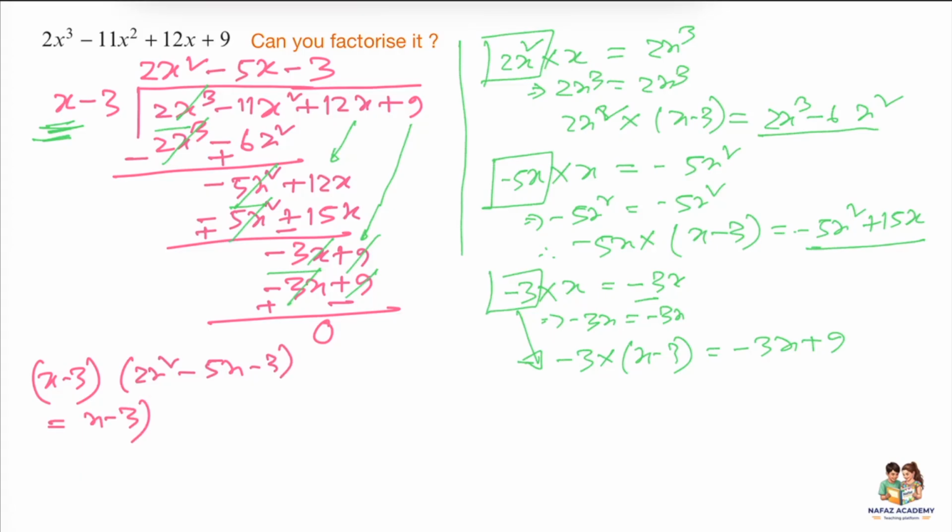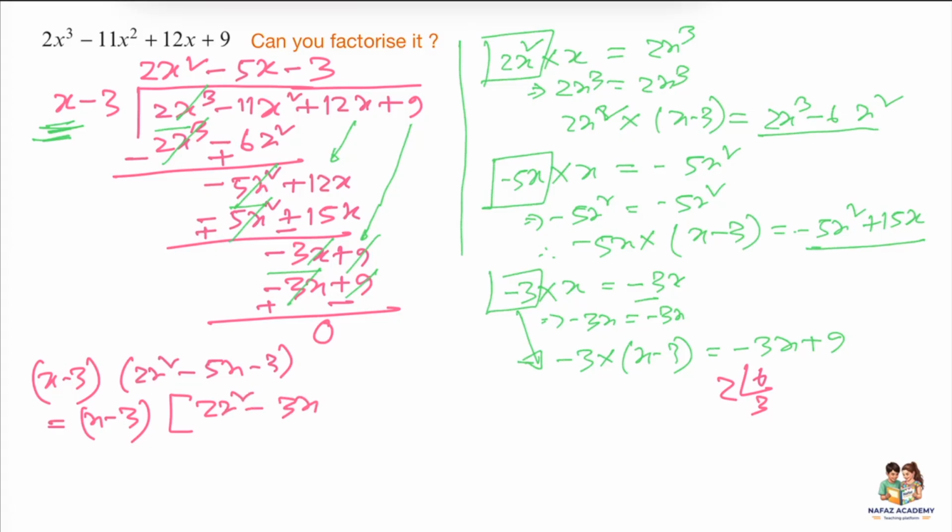Now you can just factorize the 2x squared minus 5x minus 3. Alright? 2x squared, that is 3 times 2, that is 6. LCM. Divided by 2, it is 3, minus 3, minus 2.